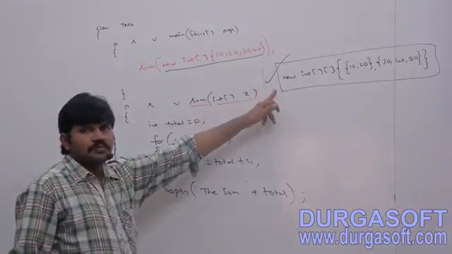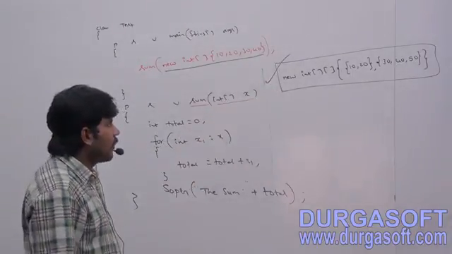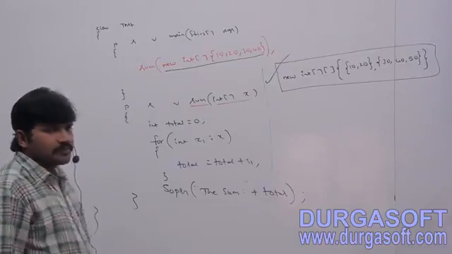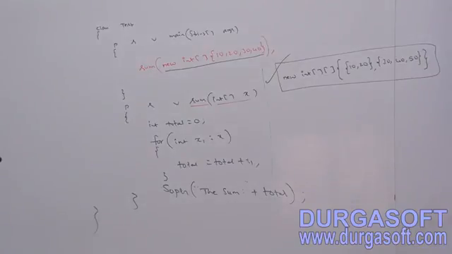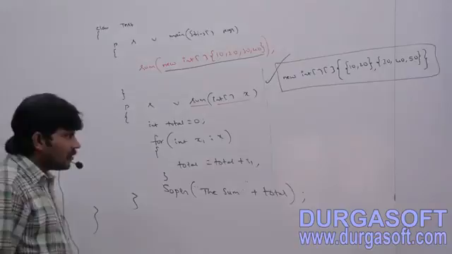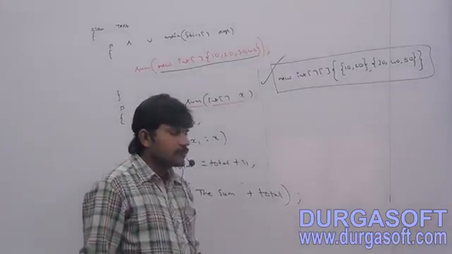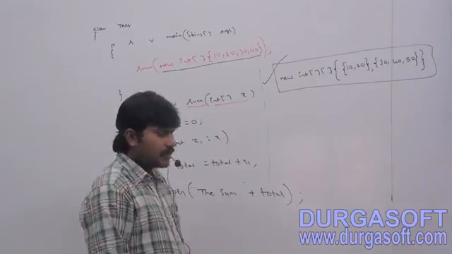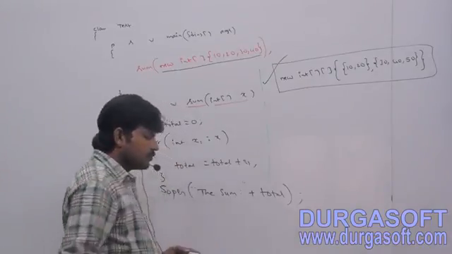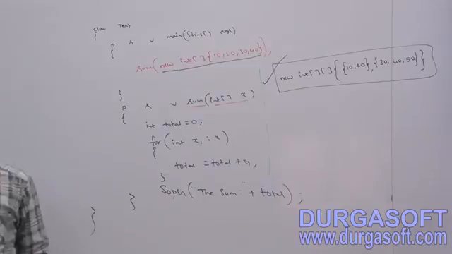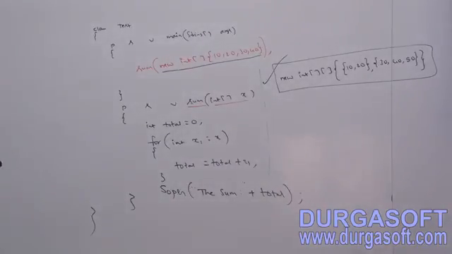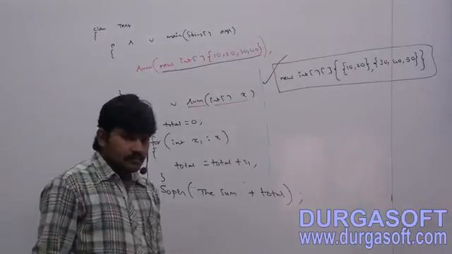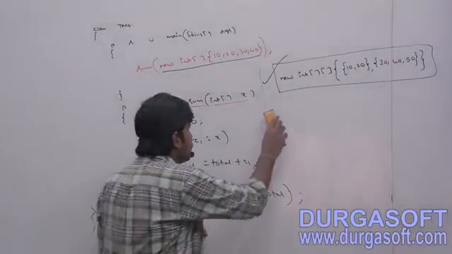Take this one: new 2-dimensional array of 10, 20, and 30, 40, 50. Take it clearly. Completed, right?